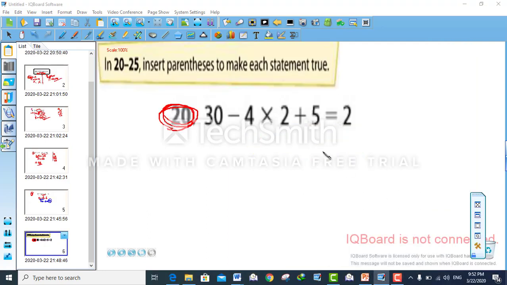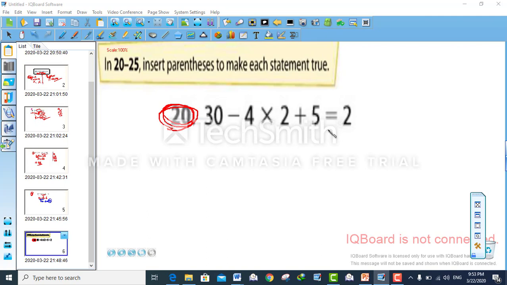In question number 20, he is asking you to insert the bracket or the parentheses to make each statement true. In this question you have here 30 minus 4 times 2 plus 5. He's asking you where I shall put the bracket to make the answer be 2. Actually, you should try sometimes. You will put the bracket here, then try to get the answer.